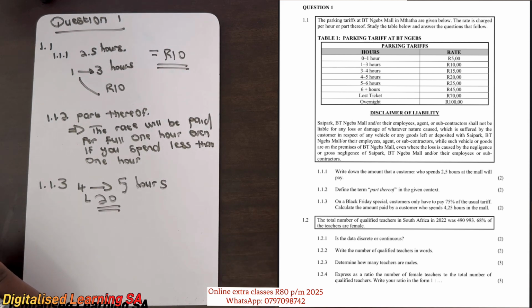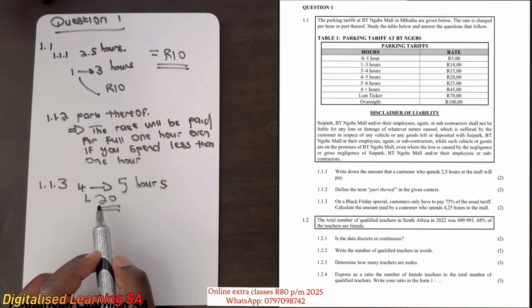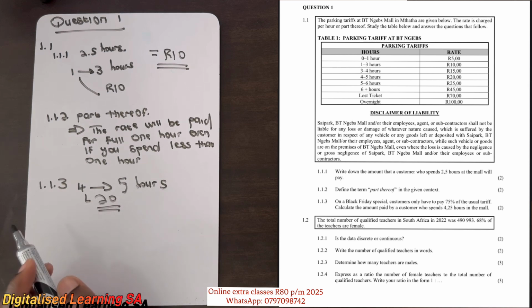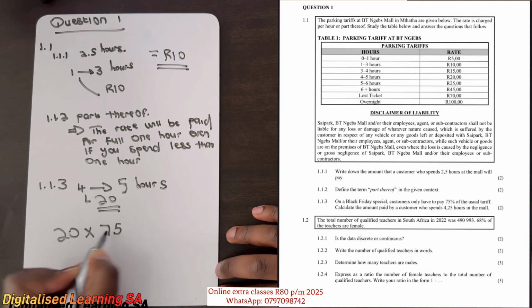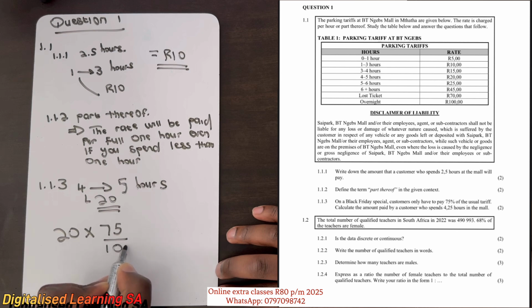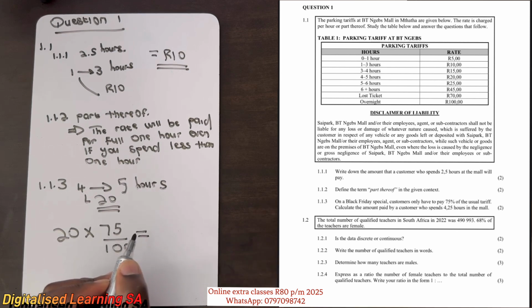We are told that on a Black Friday, a customer only has to pay 75%, meaning that we need to calculate 75% of the 20 rand. So we take our 20 rand and multiply by 75 divided by 100.